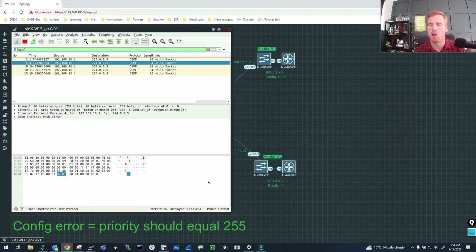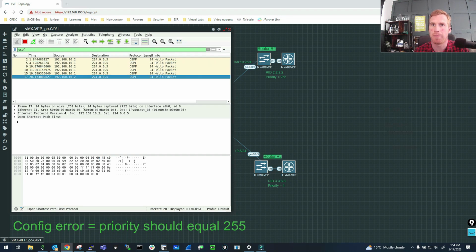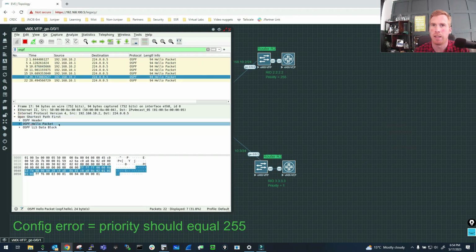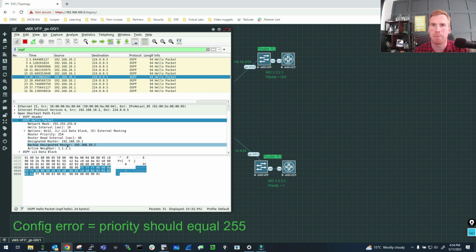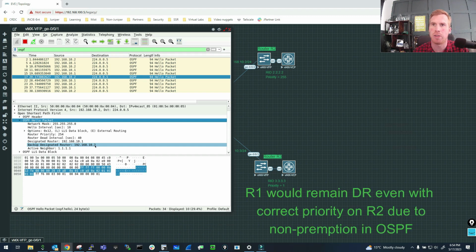what we can see on the Wireshark capture on router R1's interface is going to be a bit different now. So if I just look at the latest hello packet and go into the OSPF header, the hello packet, let's maximize this. Note now, designated router is still router R1 192.168.10.1, but the backup designated router is 192.168.10.2, i.e. router R2.